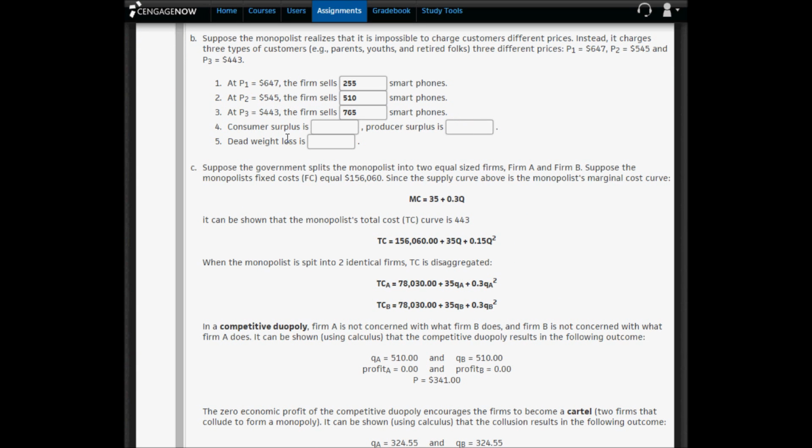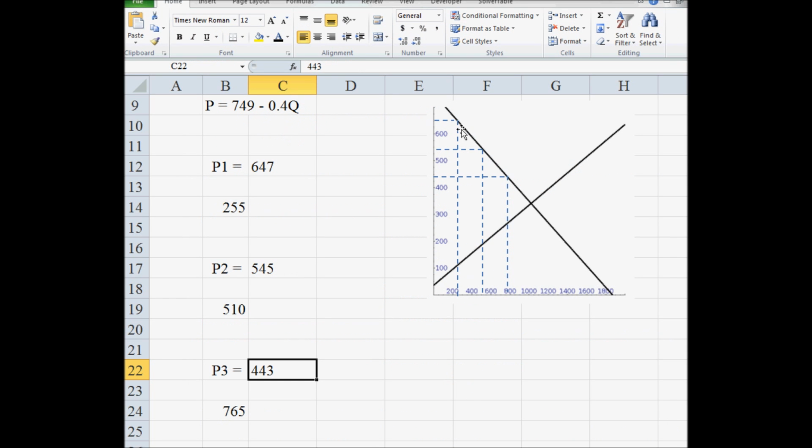Next, I want to calculate the consumer surplus, producer surplus, and the deadweight loss. The consumer surplus is three areas: the area in this triangle up here, the area in this triangle, and the area in this triangle. First, the area in this triangle: the height is the intercept of the demand curve minus the first price of 647.